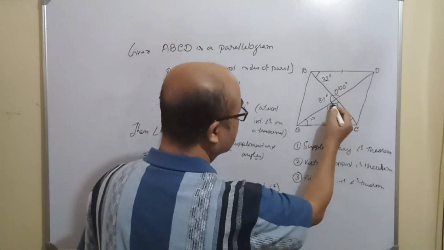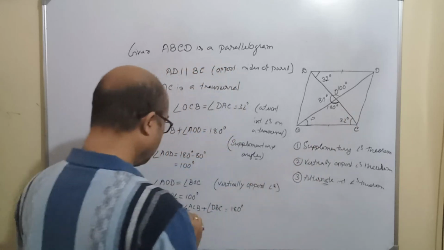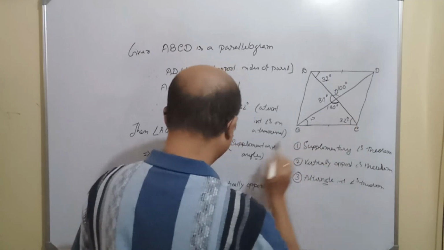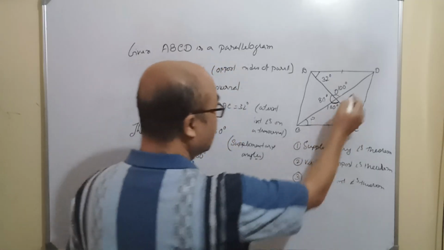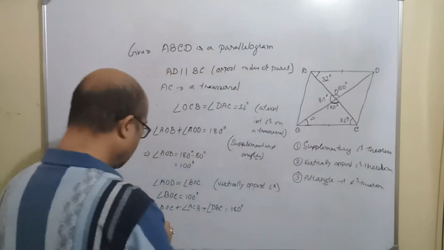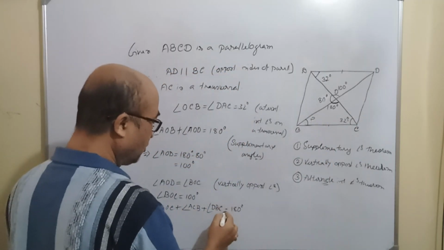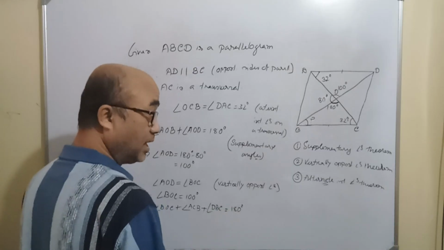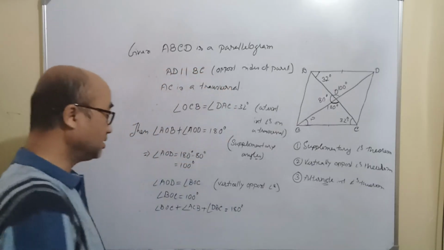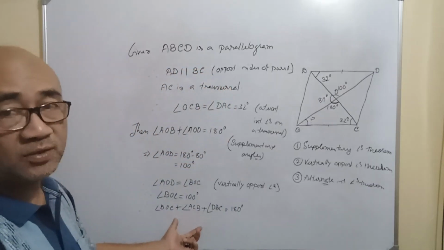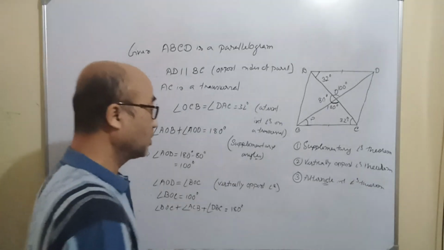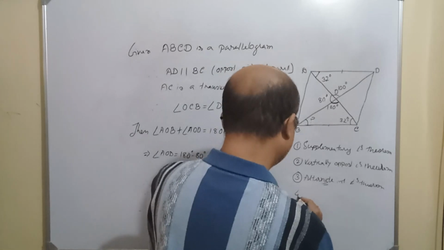BOC, this angle, plus ACB, this angle, plus DBC, this angle, together are equal to 180 degrees. Why is the sum of these three angles equal to 180 degrees? I forgot to write it here.